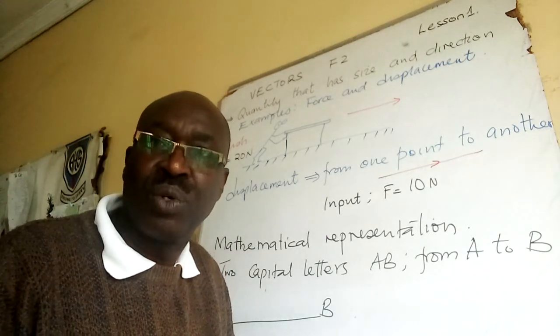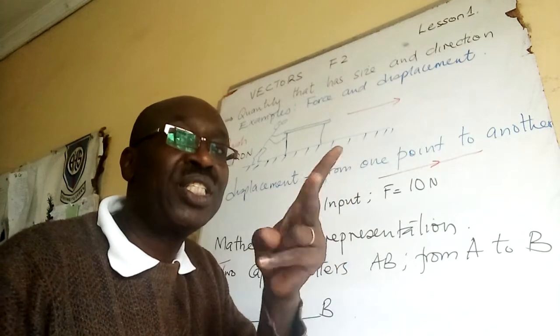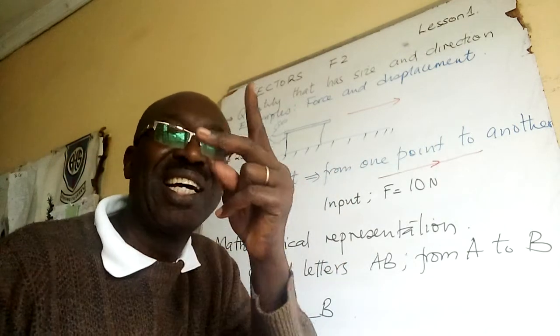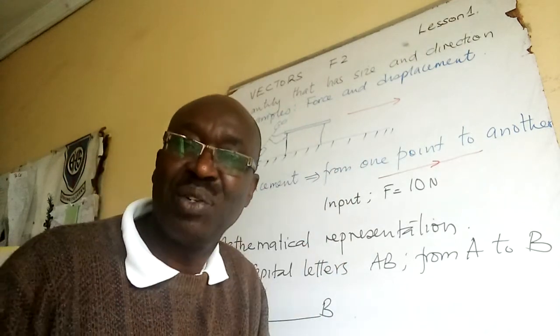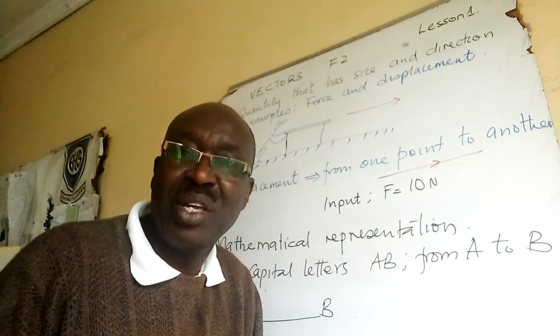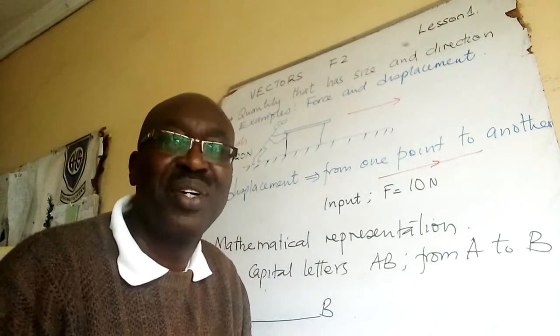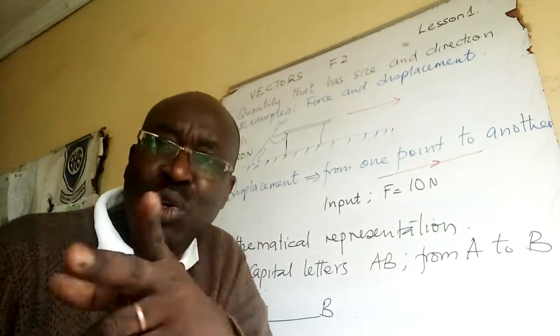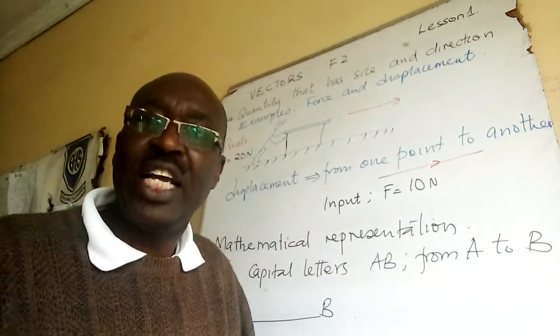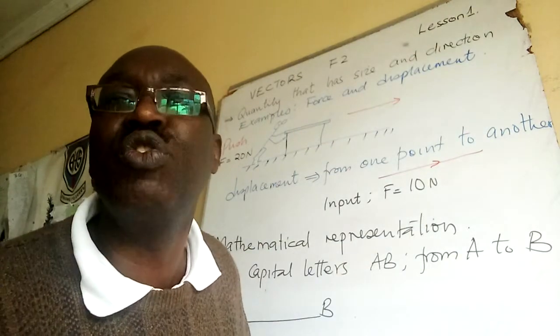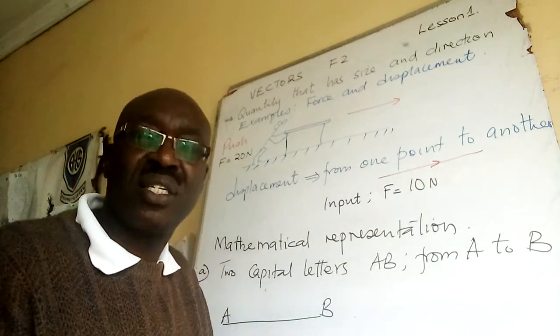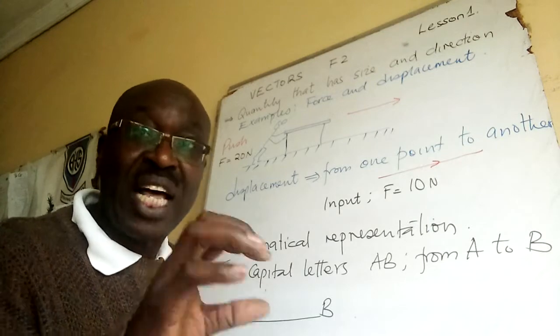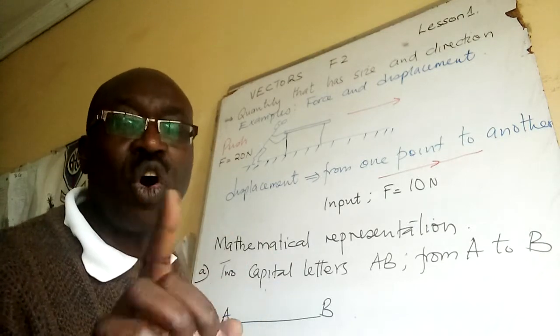Then I'll tell you, 2 kgs for roasting. I will not tell you, go and bring me medium meat. There's nothing like that. You tell me 2 kgs, but you cannot tell me 2 kgs in the direction of north. It does not make sense. So that is scalar, which has only size.